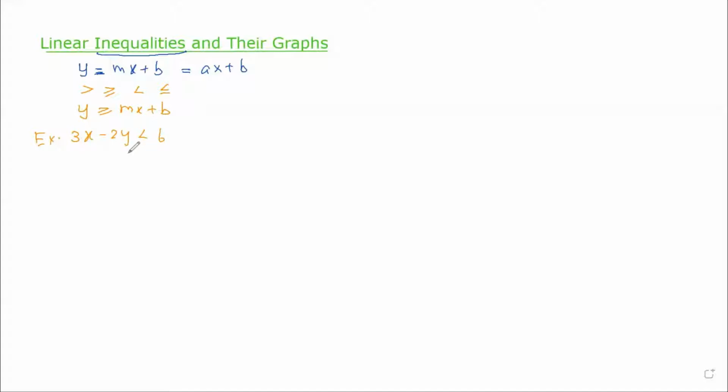If you want to plot a linear inequality, I think the best way to do is to rearrange it into this pattern. No matter whether it's less than or greater than sign, we leave only y on the left hand side, and the other terms on the right hand side. So you see this example, okay?